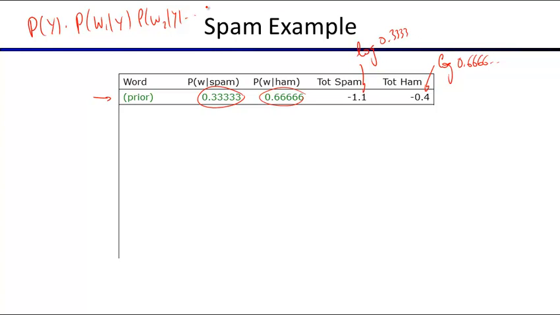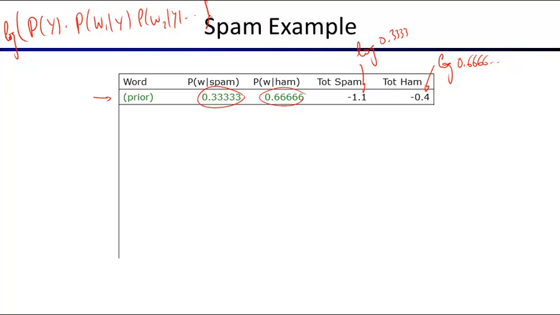Rather than computing it this way, we'll keep track of the log of this rather than the original number. The reason you do that is because if you multiply a lot of really small numbers together, at some point your computer will think it's 0, everything will look 0, and you won't be able to distinguish the numbers anymore. By keeping track of the logs, you get a meaningful range of numbers.